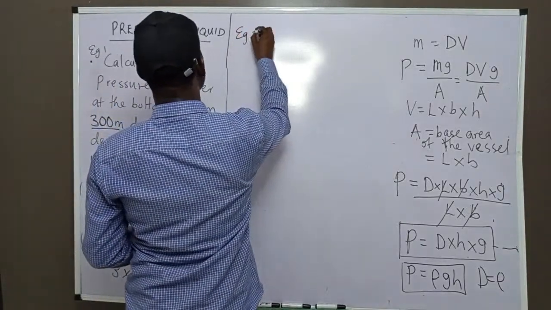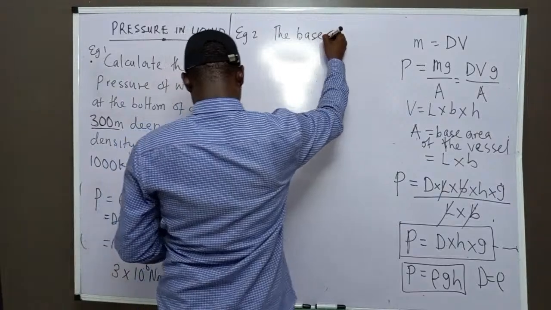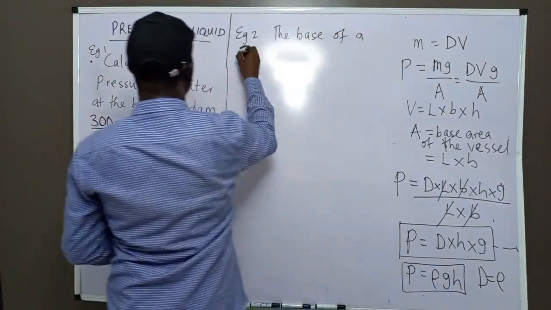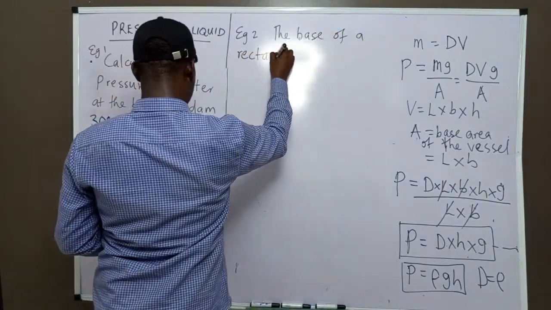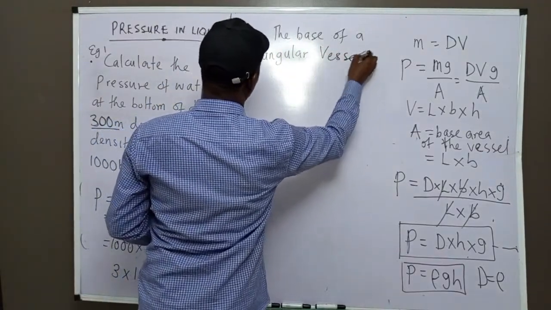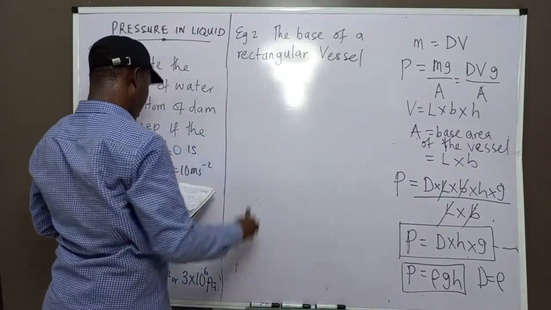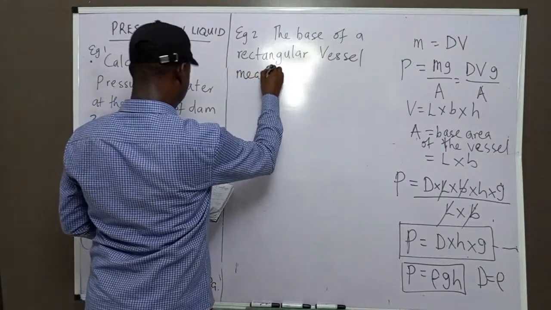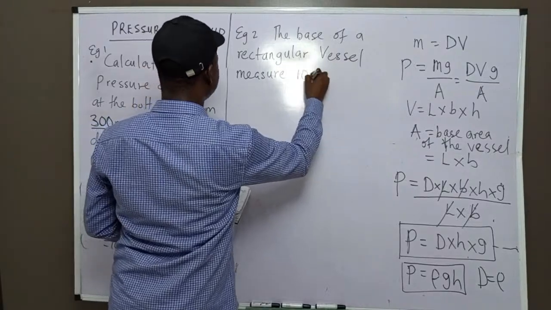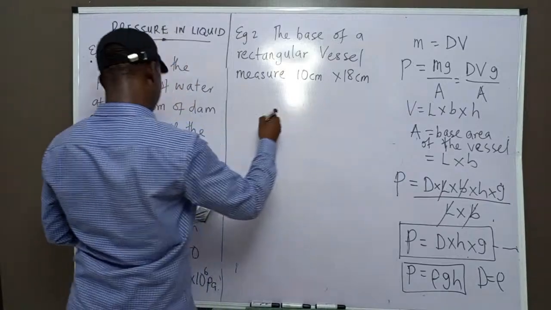Example 2. He said the base of a rectangular vessel. What I just used now to do this proof is a rectangular vessel. It measures 10 centimeter by 18 centimeter.